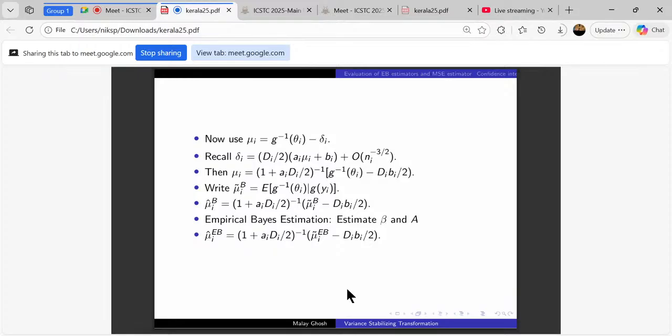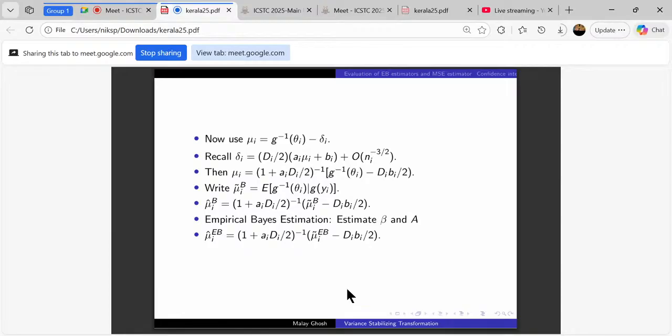So basically what I was doing earlier in all these calculations, mu i is g plus the shift. I know the shift explicitly.